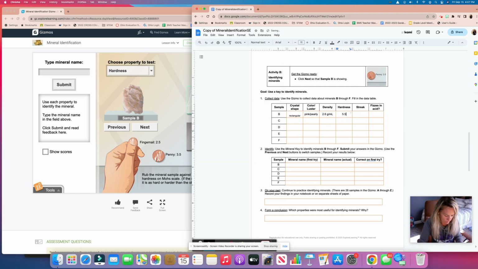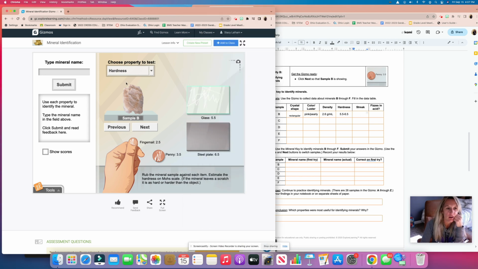So some people would put 6, but I feel like it's not guaranteed to be a 6 because it could be in between that. So I think we should put a hardness of 5.5 to 6.5. All right, so now we're gonna do the streak.